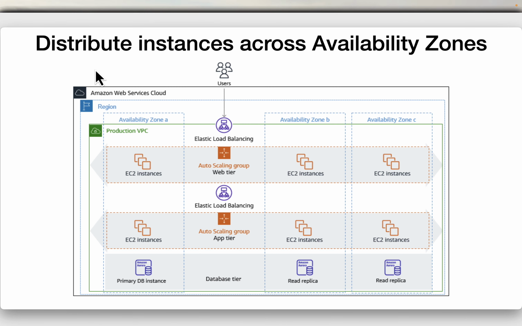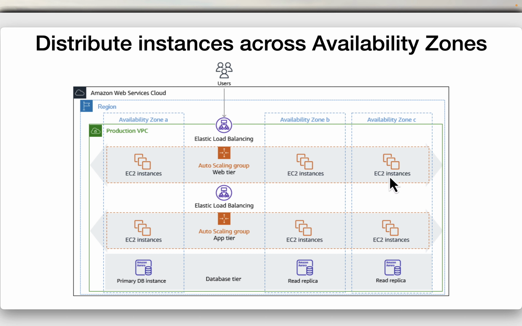And third is distributing instances across availability zones for better fault tolerance and availability. In this case, let's say you have a single region, US East 1, with 3 AZs, A, B, C, and you have a production VPC, an elastic load balancer, and then a web tier, app tier, and database tier. What we have done is this auto scaling group is spread across all 3 AZs.